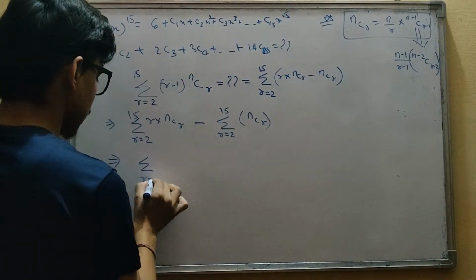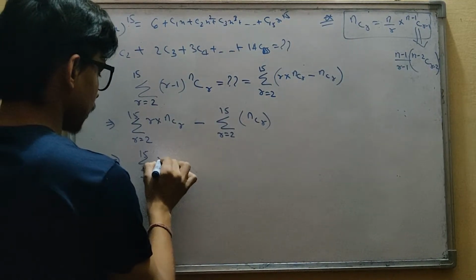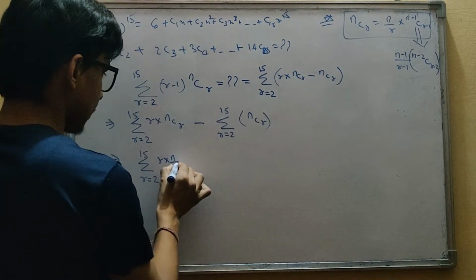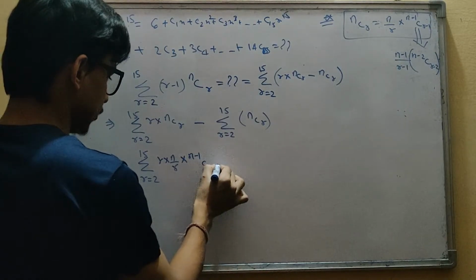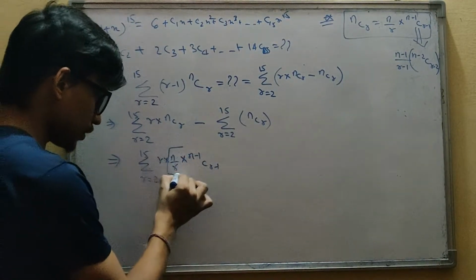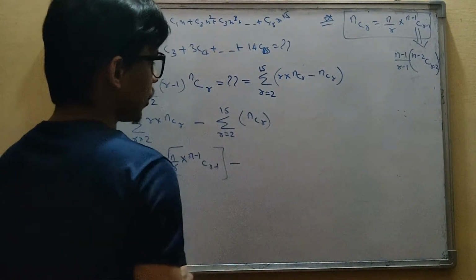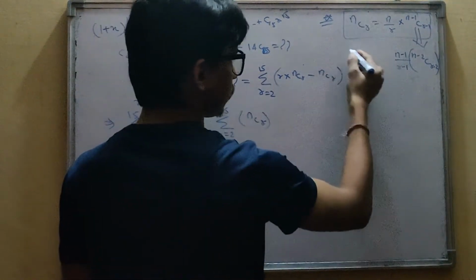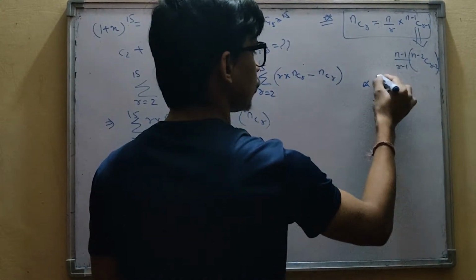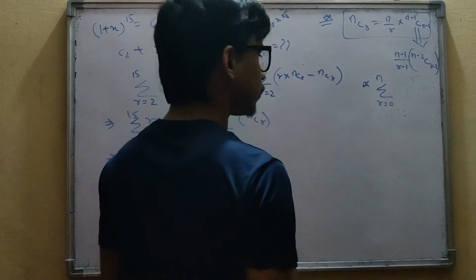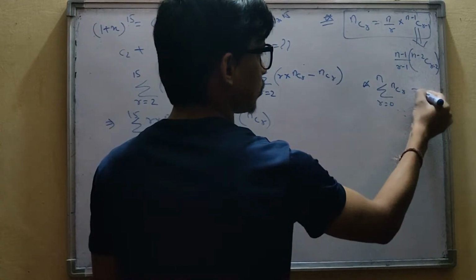Now the summation from r equals 2 to 15 can be written as r into n upon r, right? And this is going to be n minus 1 C r minus 1. Please pay attention over here. Now see, you have a formula for this also. The summation for r equals 0 to n of nCr, the formula is 2 to the power n.